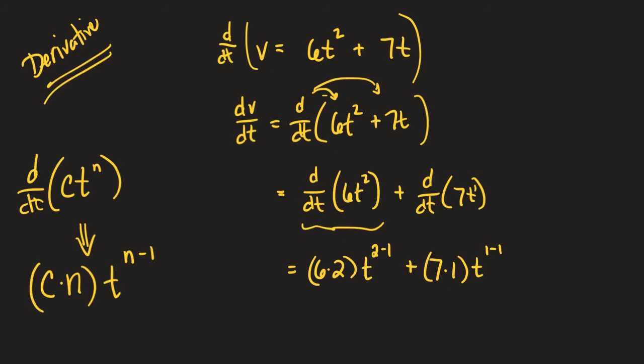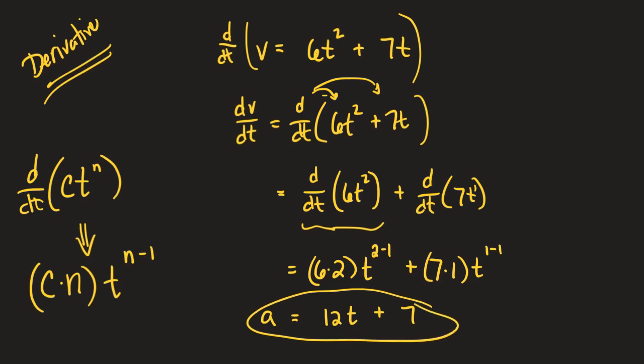Now you should clean it up. 2 times 6 is 12. T to the 2 minus 1 is just t to the 1 power. Next, 7 times 1 is 7. T to the 1 minus 1 is t to the 0, which is just 1. Which leaves us with this as the acceleration. Questions about that?